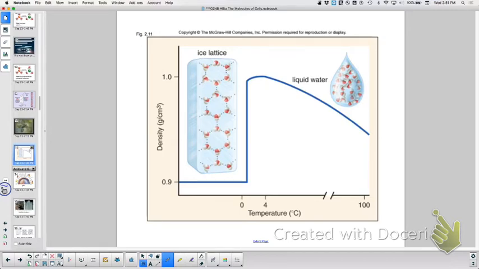Because as the molecules have less kinetic energy and they slow down as they're freezing, they create equal space for all their hydrogen bonds. And that equal space in there makes it less dense. Whereas liquid water, they can be close and changing around, and so it is more dense. Equal space, ice floats. Which is good for lakes because it keeps life alive.